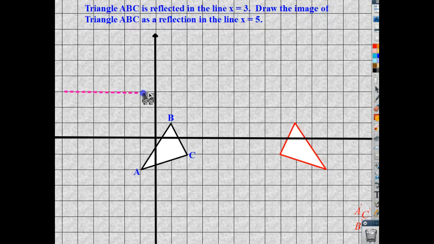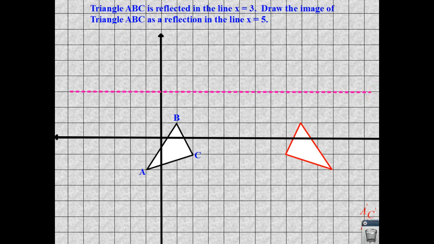So maybe we go like this. And it says reflect over the x equals, what are we at, 1, 2, 3. It was the x, so now it becomes the y line. So y is equal to 3, and we have to reflect this figure over the new line of reflection, y equals 3. I could show you that in class.